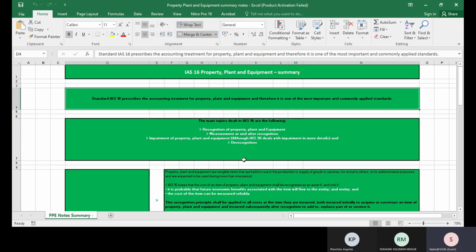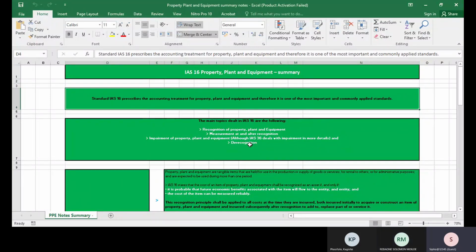So here, all your assets in the entity are dealt with under this umbrella, under IS 16, except for, for example, inventories and all the other assets that are not accommodated in this standard because they have their own standards.